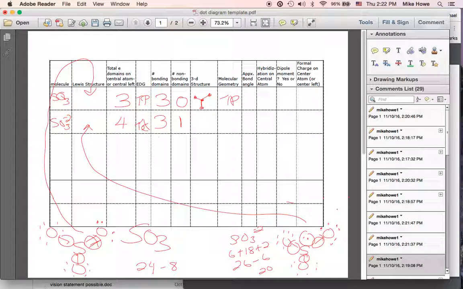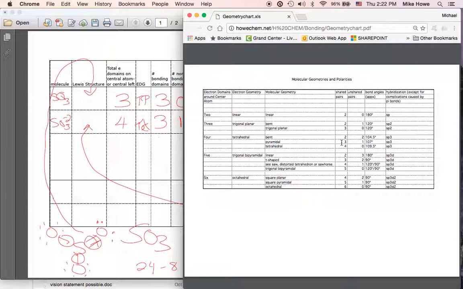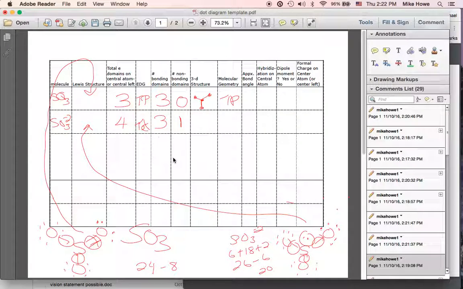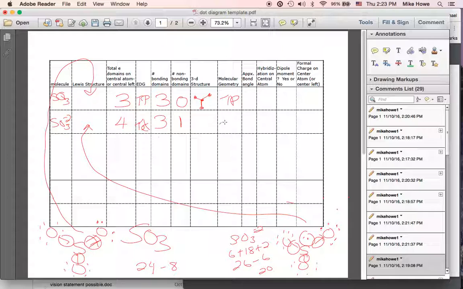If you go back and look at your chart, when you have tetrahedral electron geometry, but 3 bonding and 1 non-bonding, then we call that a pyramidal shape. It'll be a pyramid, sometimes called a trigonal pyramid. So I'm just going to call this pyramidal.